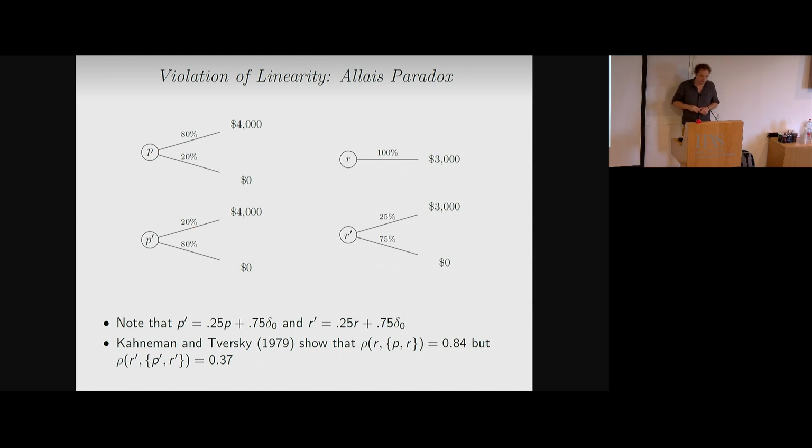And the other menu is P prime and R prime. P prime gives $4,000 with probability 20%. R prime gives $3,000 with probability 25%.